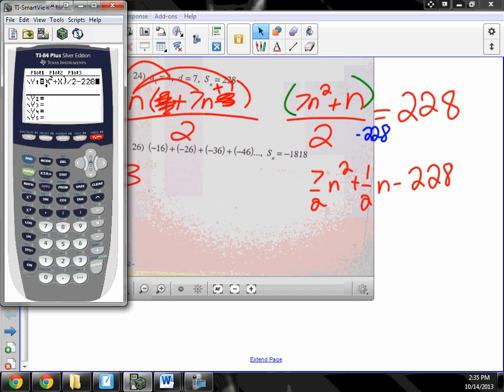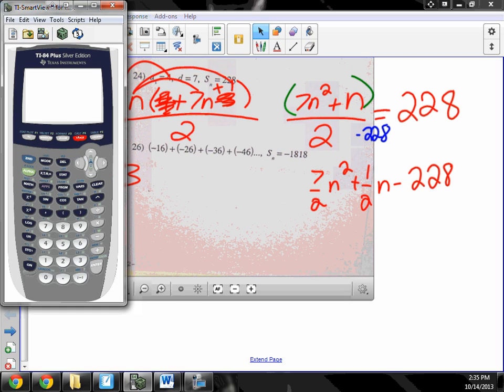Now if I push graph, well, I know that that negative number certainly is wrong. And I would expect that other answer to be a whole number. But just for fun, let's test it.